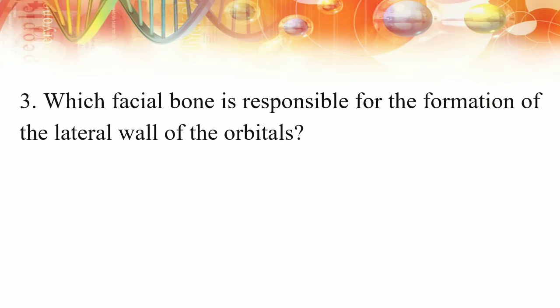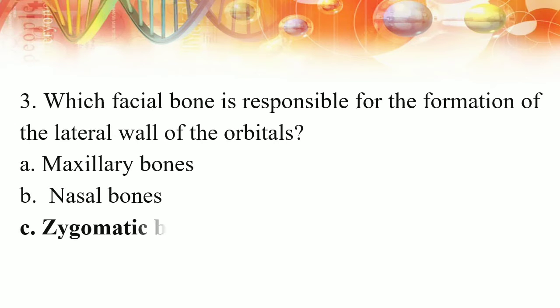Number 3. Which facial bone is responsible for the formation of the lateral wall of the orbits? A. Maxillary bones. B. Nasal bones. C. Zygomatic bones. D. Lacrimal bones. Maxillary bones form the upper jaw. Nasal bones form the bridge of the nose.